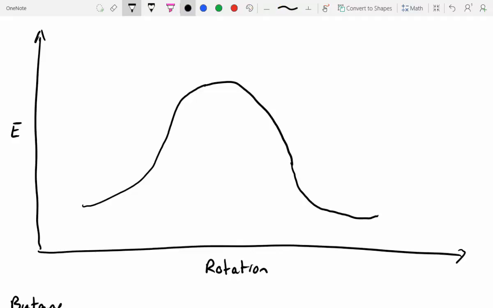So if we think about this, we know that our starting conformation was anti-periplanar. So we've got two hydrogens on opposite sides. And we know that this is staggered, so it's going to be lower in energy. In order to twist it, we're going to have to input some energy.